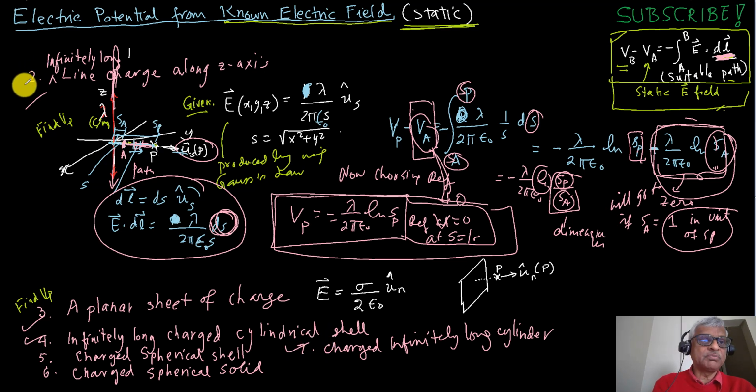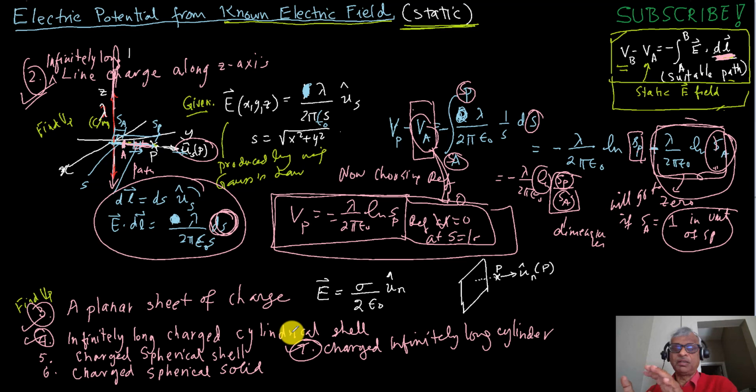So in these cases, you cannot put the reference at infinity. Then there are other cases where you have a spherical shell or a spherical solid. They are finite-size objects. There the reference can be put at infinity. So let me carry on and do the planar sheet charge.